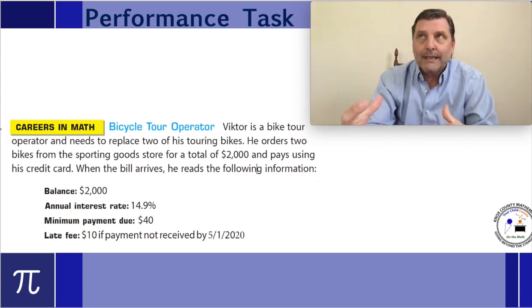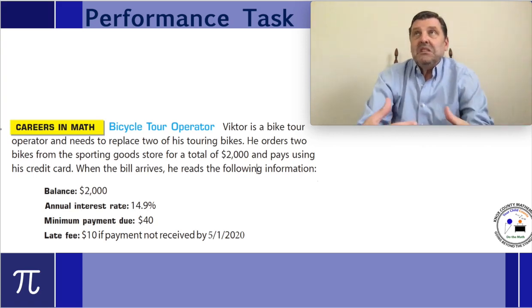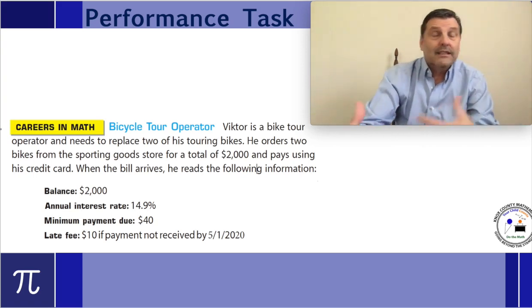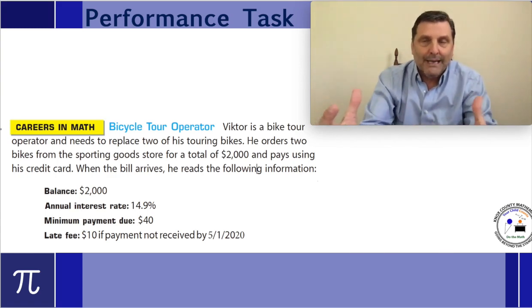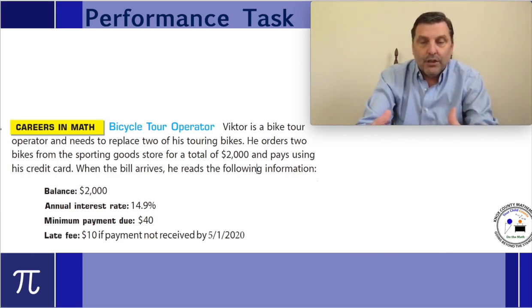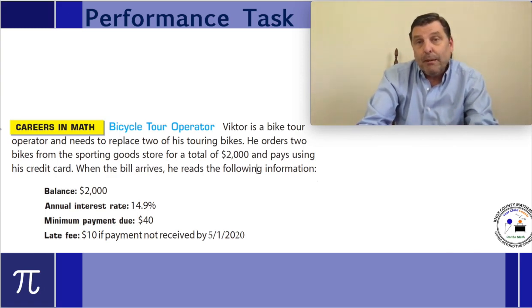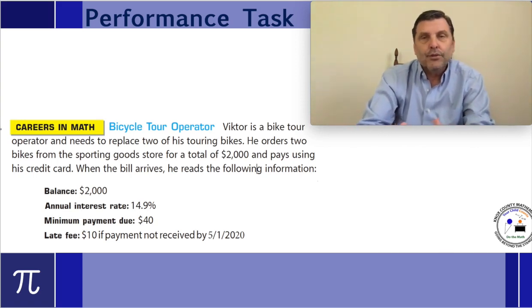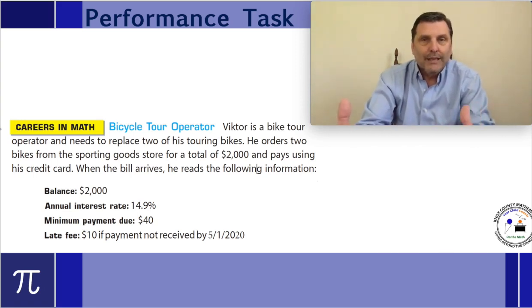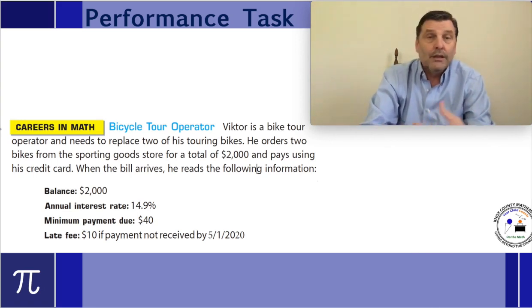To put that in perspective, a bike touring operator is someone who, maybe in downtown Knoxville or downtown Charleston or any town, purchases a bunch of bicycles and opens a company, because a group of people want to rent some bikes to tour the city, but they don't want to walk around and they don't want to drive around. So they tour the city on bicycles. So he has this company where he rents out bicycles for people to tour, or maybe they want to go in the mountains and go riding bikes.